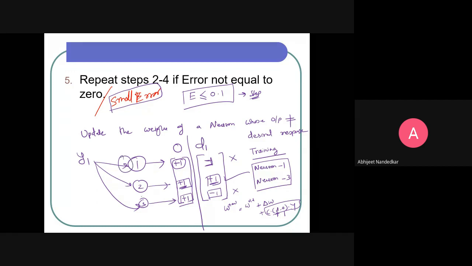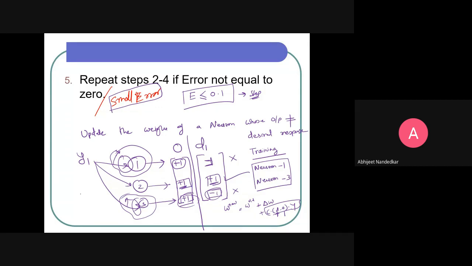Then you will use the same formula with its desired response and corresponding output, and you will update weights there also. So for the first neuron you will update weights of the first neuron, and then for the third neuron you will change the corresponding weights. Okay, this is how you will repeat these steps.